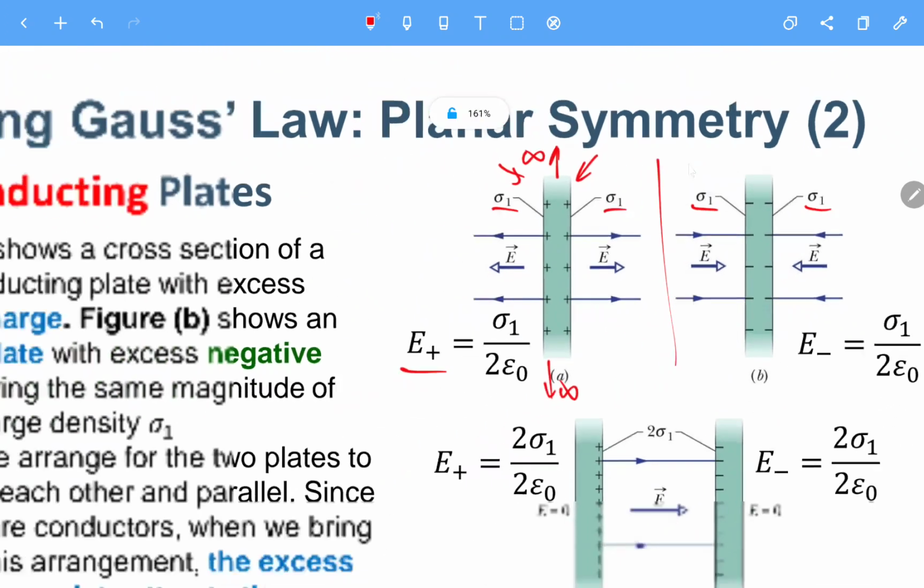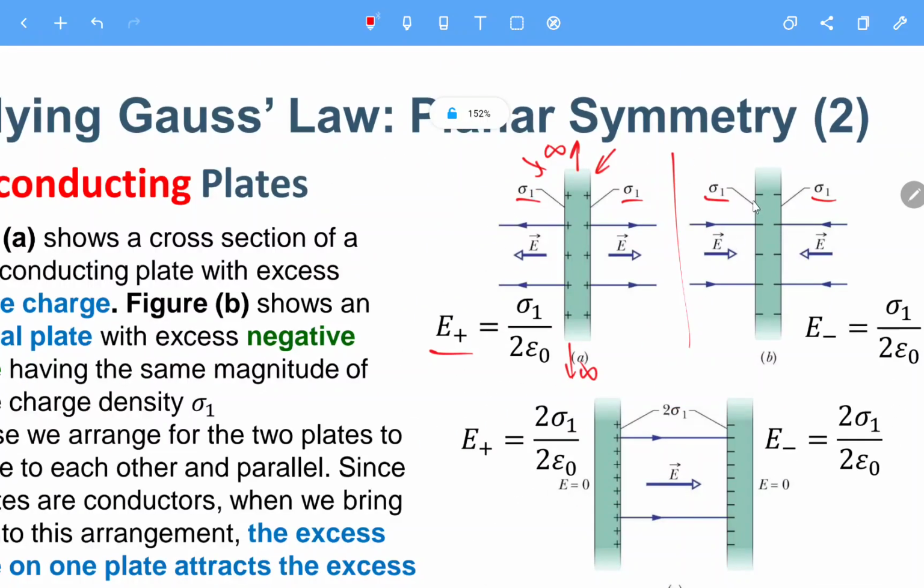They will generate the E field on both sides. For this one, this E field will point to the left side, and this E field points to the right side. But here, the direction will be the opposite: this E points to the right side, and this E field points to the left side. But the magnitude will actually be the same.